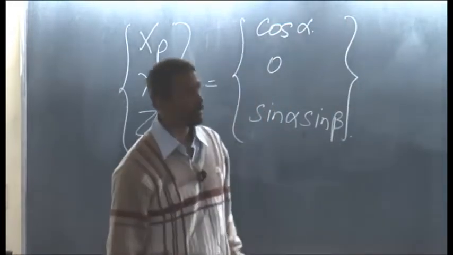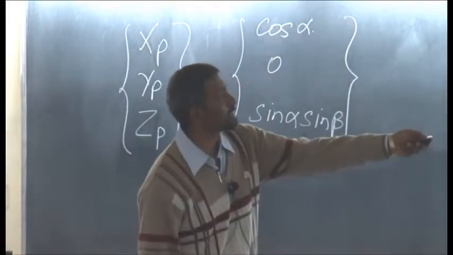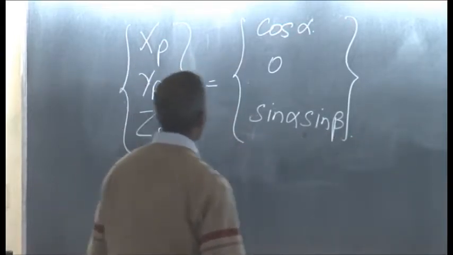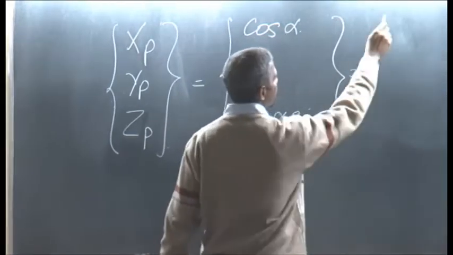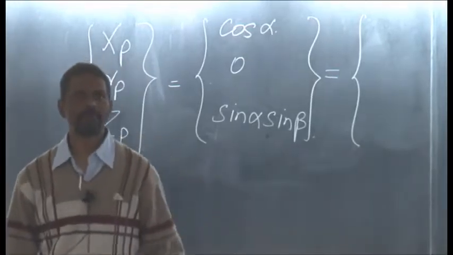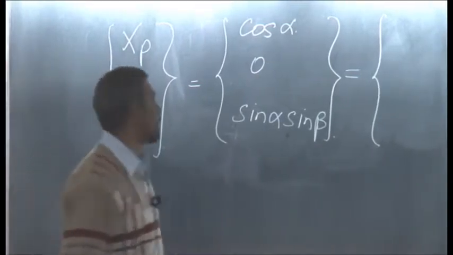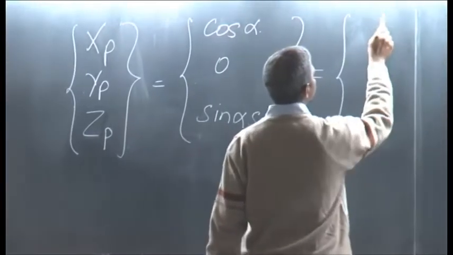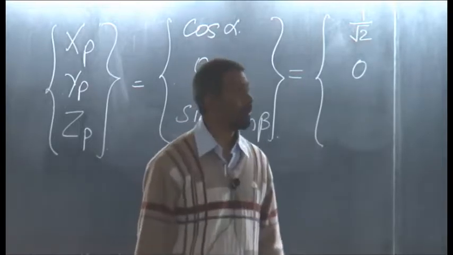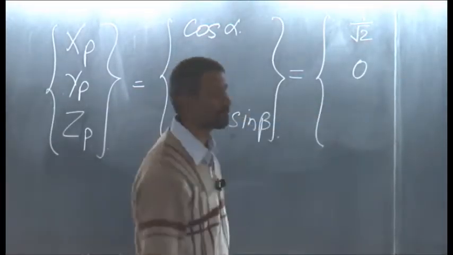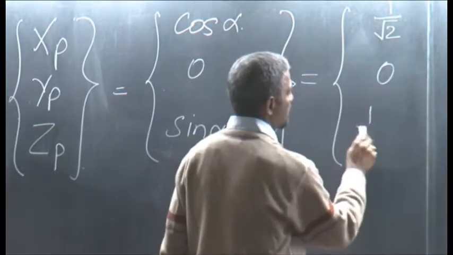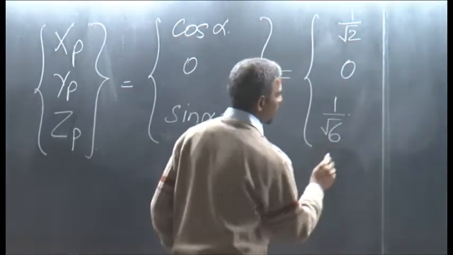Let's just focus on P. So if you plug in the value of alpha, what do you get? Let's just take the positive values for now. What is cosine of alpha? 1 by root 2. Y is 0. What is sine of alpha times sine of beta? So this would be 1 by root 6.